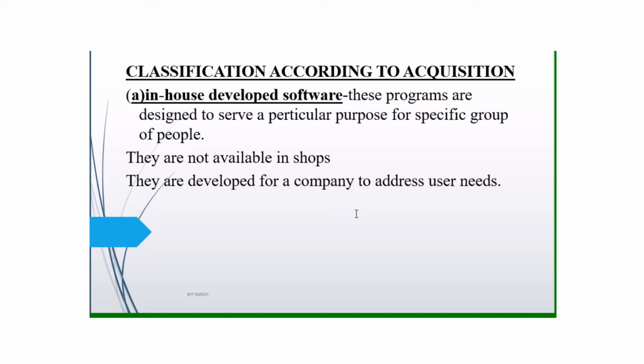You call a programmer and explain your needs as a company, and the programmer will address your needs by creating a software. These are what we call in-house developed software, and they are not available in shops. In such a case, you have to call the programmer and he will program a software for you.